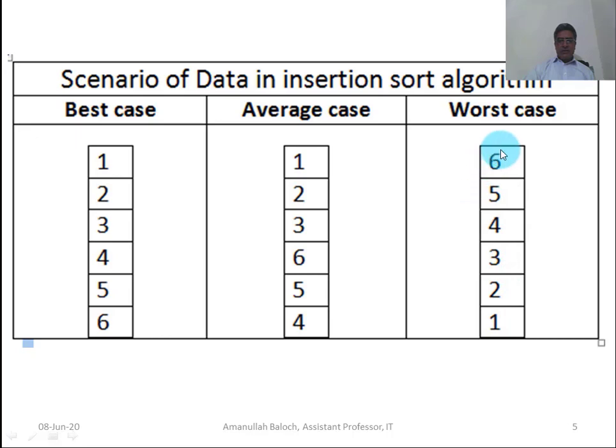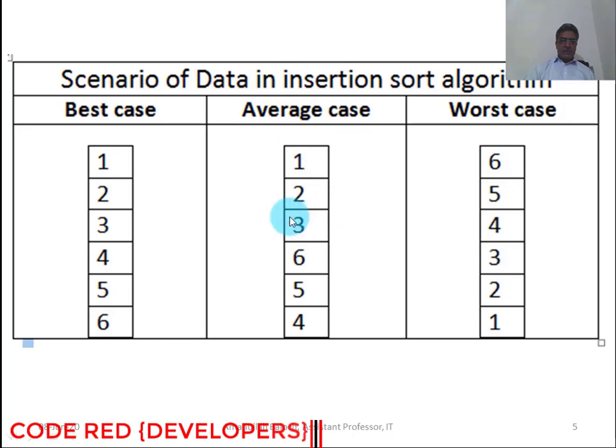So we have to put much more labor on this kind of data. This is the worst case scenario of insertion sort data, and in the average case, let's suppose 50% of the data is sorted and 50% of the data is unsorted.